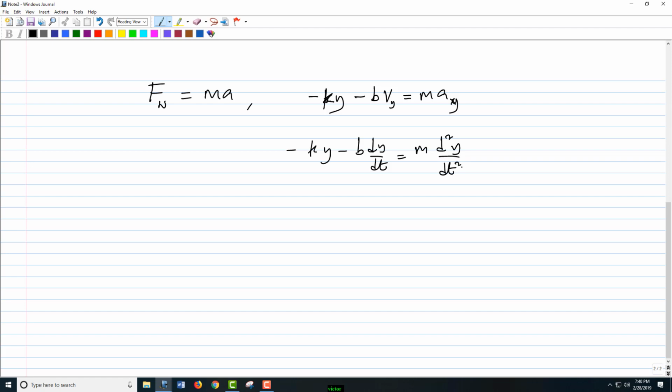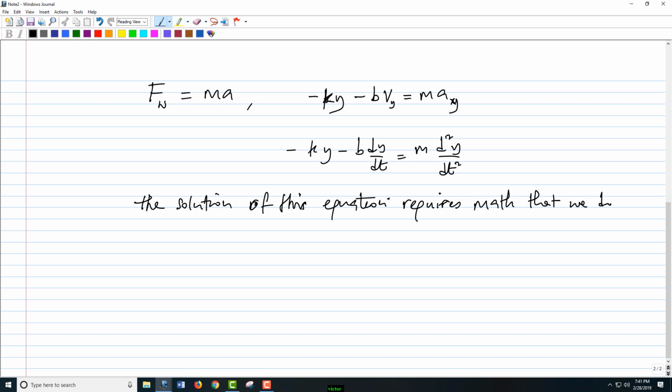Now the solution to this differential equation is a lot more detailed, so we won't try to solve it. I will just quote for you a solution, because solving it requires math that we don't know at this point. As you go further, I'm sure you will learn how to solve this type of differential equation.